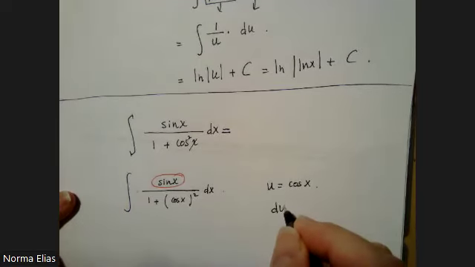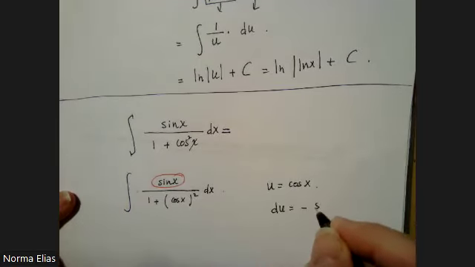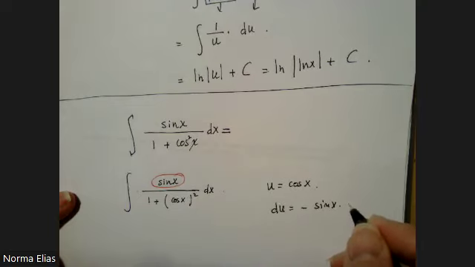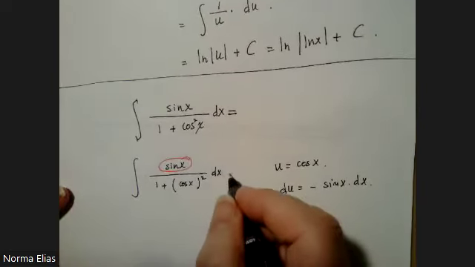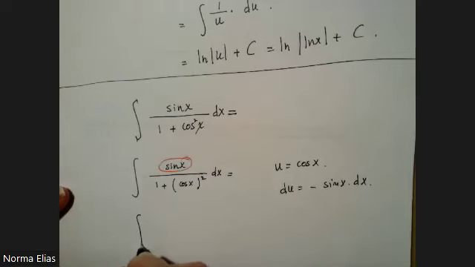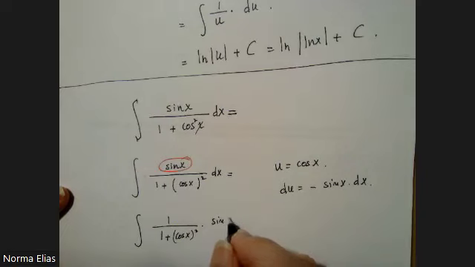So du would be minus sine x times dx. And let's see if this is a good choice. This is going to be written as 1 over 1 plus cosine squared x times sine x dx.